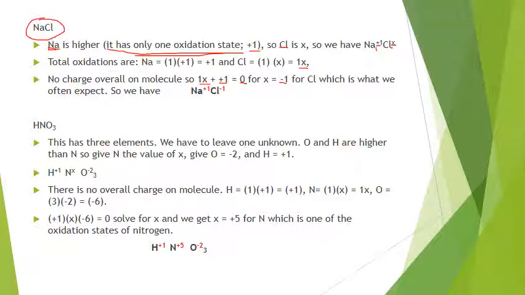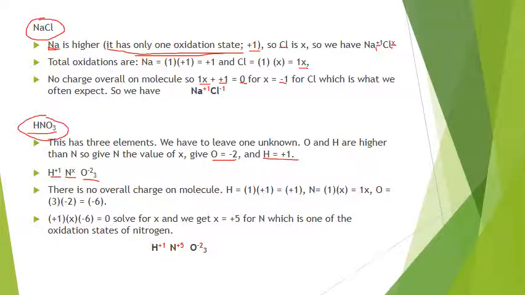Okay, nitric acid. Nitric acid's a little bit different because it has 3 elements. So the key here is you've got to leave one unknown. Which one are you going to leave unknown? Well, you can see that oxygen and hydrogen are higher than nitrogen, so you give them their values. Oxygen is -2, hydrogen is +1, and nitrogen is X. Overall this molecule has no charge.